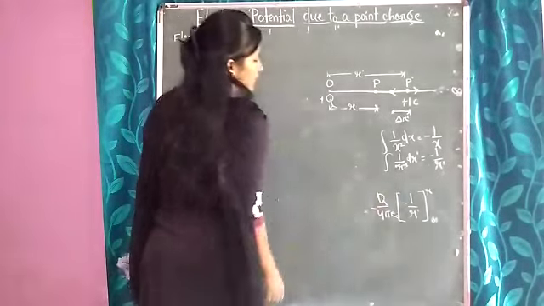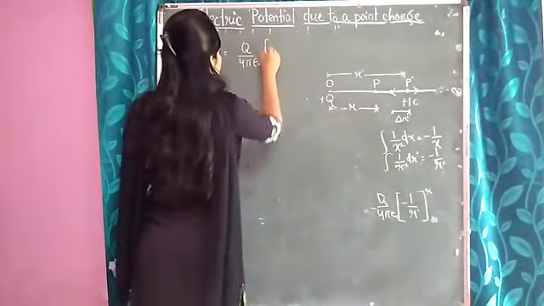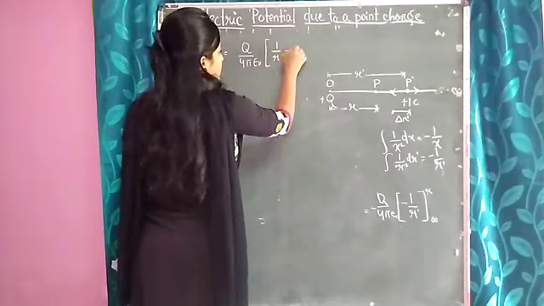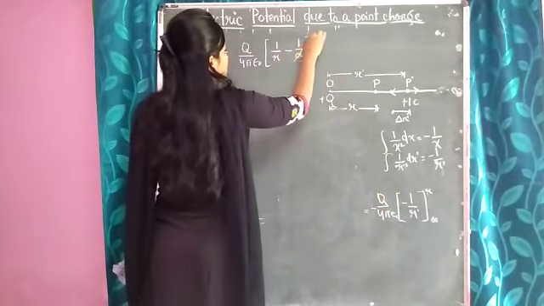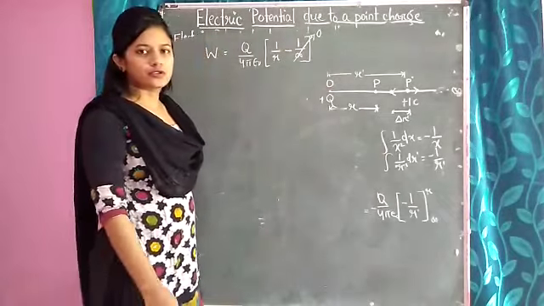Let us put the limits: the upper limit gives 1 by R minus 1 by infinity, and this becomes 0.